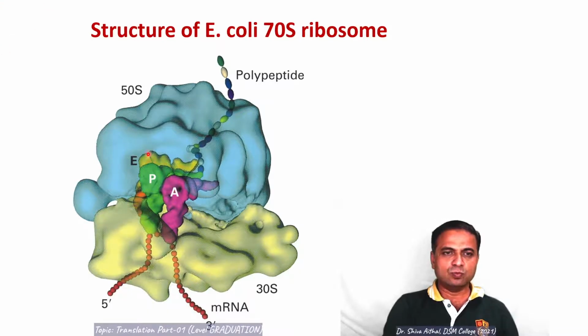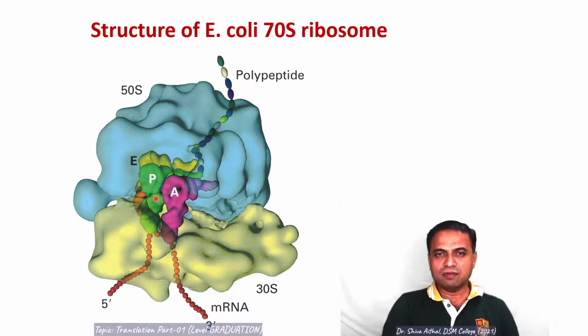As you can see, this blue structure is the 50S subunit and the yellow structure is the 30S subunit. It contains sites for 3 tRNAs. These green and pink molecules are tRNAs, and on the tip they have an amino acid chain. At the link at the bottom, I am giving you some links of this video.